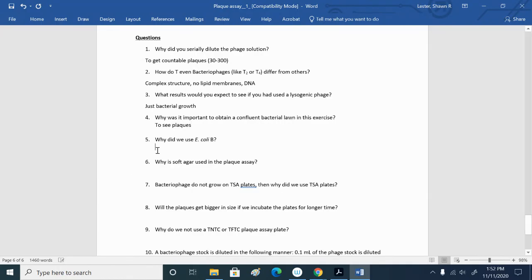Why did we use E. coli B specifically? Because it's susceptible to infection. Yep, it's susceptible to infection with the T-even bacteriophage. Why did we use the soft agar?